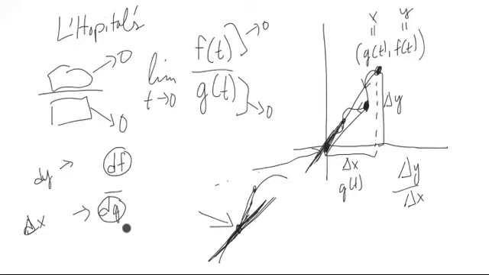So what if we fix one specific run of t and call it dt? Let's suppose that dt is a fixed value. For this one dt value, you get that much rise of dg. For this one, you get that much rise of df on the respective tangent lines. Then if you're looking at a ratio, if g changes by this much, how much does f change? It's actually just this ratio, because dt is affecting both the same.